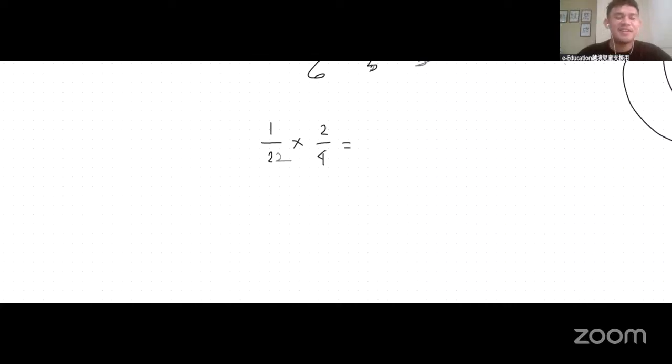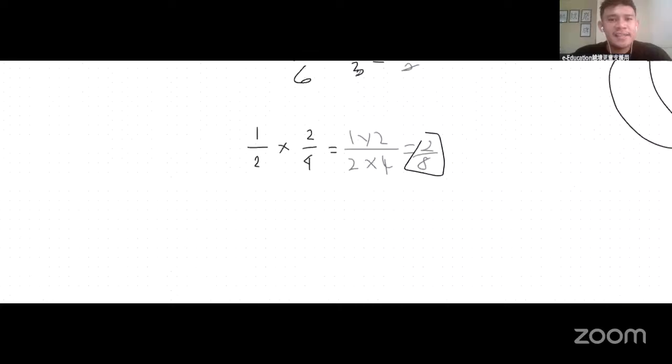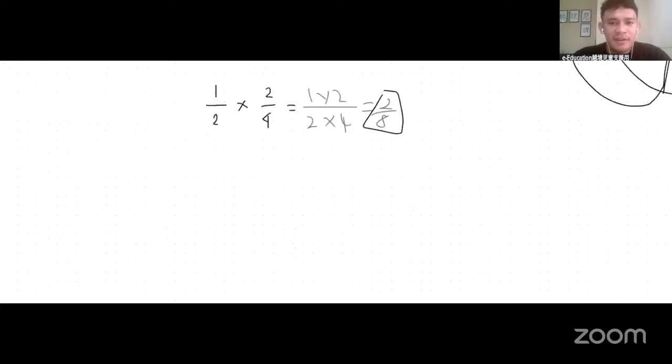Can you solve this for me? Yes, very good. Now, for 2 and 8, we can transform this into lowest term. Yes, we can.